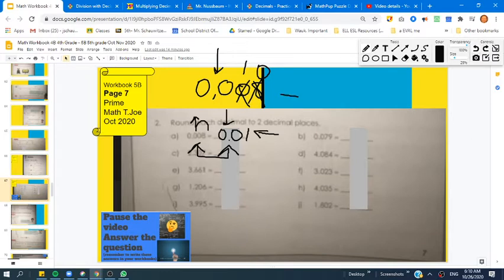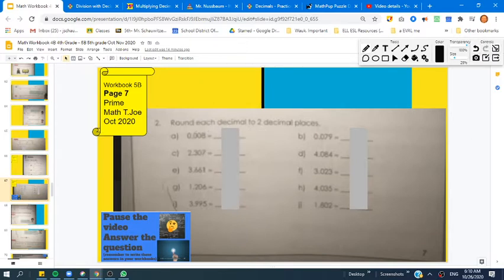Let's do one more problem, actually, on this page. We're not going to do them all. Let's do this one right here. This one's a little bit more difficult. So if we have a number like 4 and 35 thousandths, and we need to do it to 2 decimal places, I'm going to look at this number right here where the 3 is.